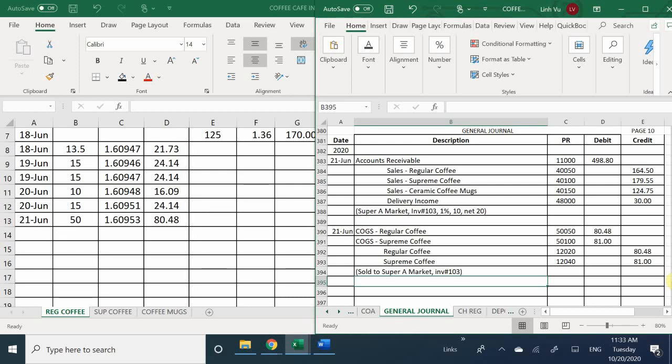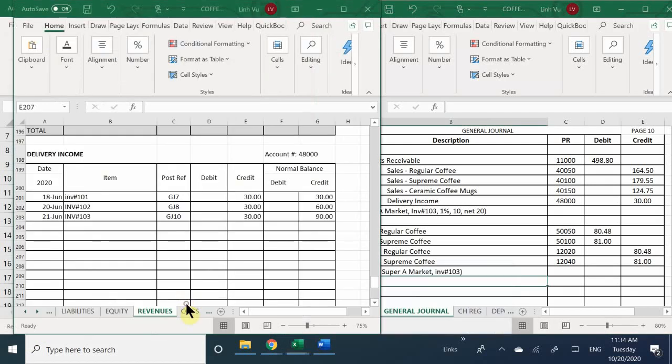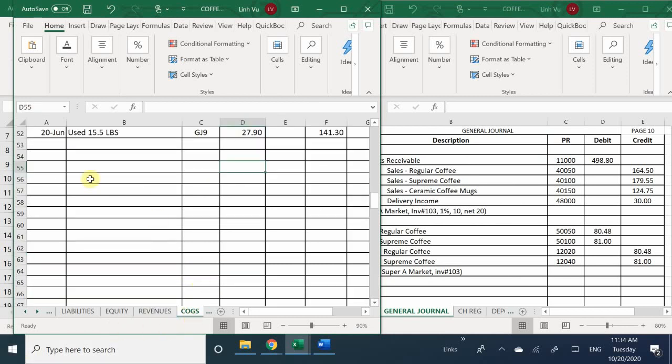Okay. Now, we've already updated our inventory worksheet. So what is next? Ledger. Yes. Okay, so where are we going to go first? Cost of goods sold.